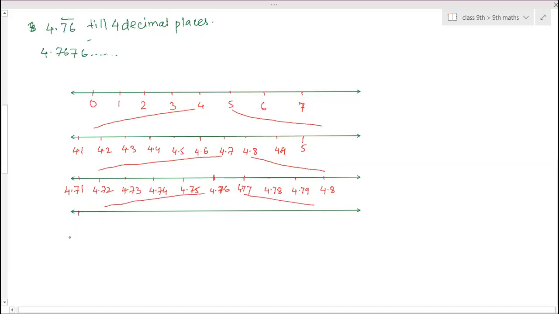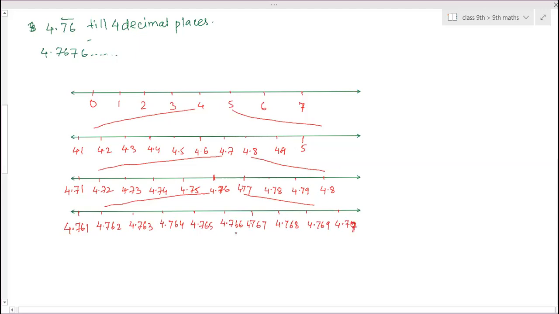What is the first number here? It is starting from 4.76. So this number is 4.761, 4.762, 4.763, 4.764, 4.765, 4.766, 4.767, 4.768, 4.769 and 4.77, sorry.